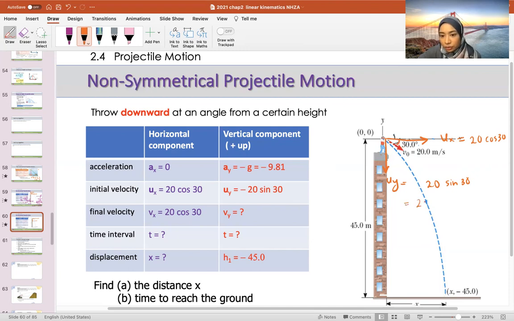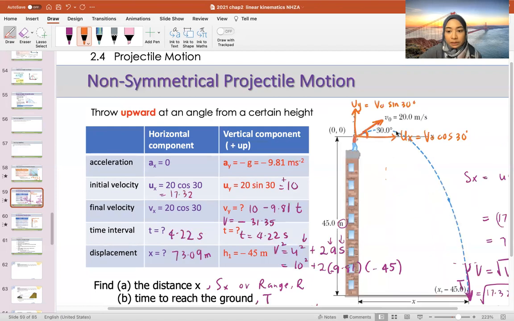So actually you can write it 20 sine minus 30, then you will get the minus value here. But if you don't like that, you can just use 20 sine 30 and add on the negative sign later on. This is why it's very important for you to draw your x and y vectors to know whether they are positive or negative.